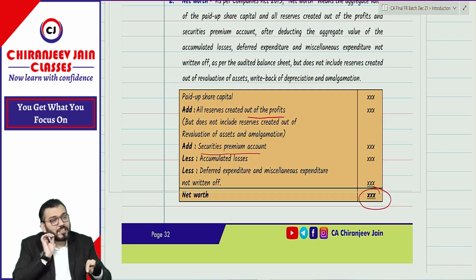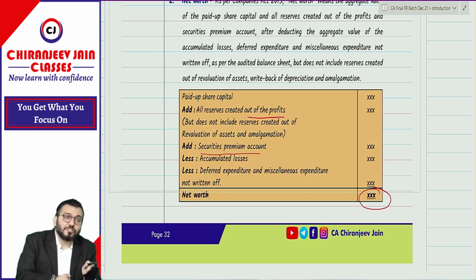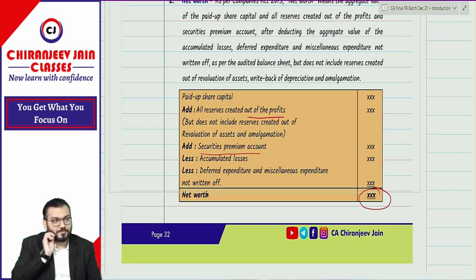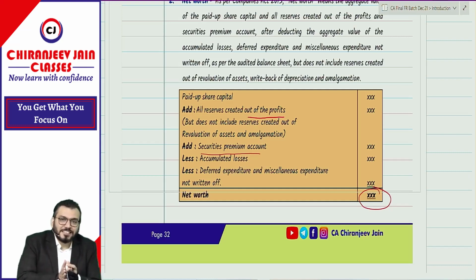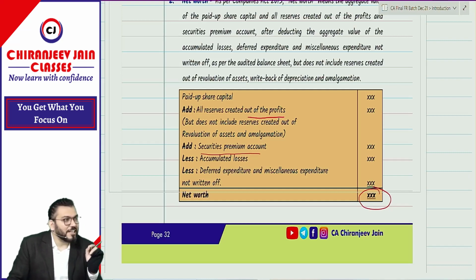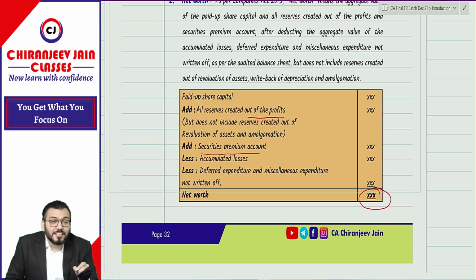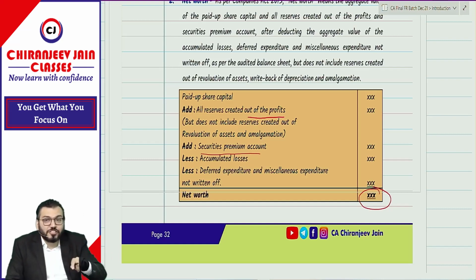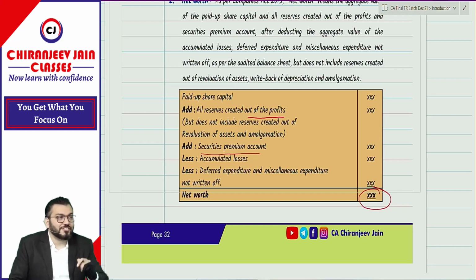Now the question is, this net worth will be calculated based on which financial statement? First question, based on the consolidated financial statement or the standalone financial statement? What do you think? Standalone financial statement means every entity is a separate entity. Correct? So this net worth will be based on the standalone financial statement. Understood? Now the second question: prepared as per accounting standard or as per Ind accounting standard?